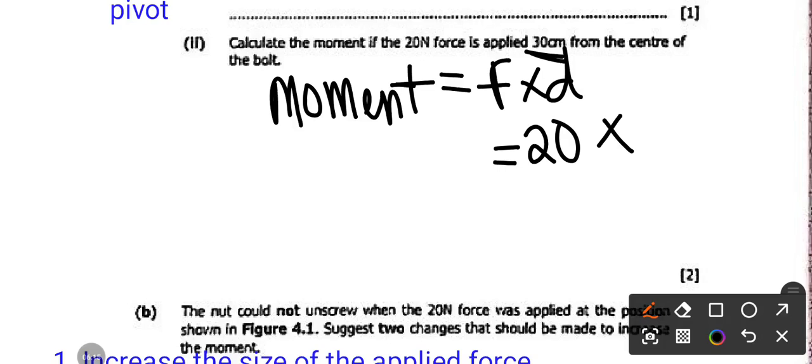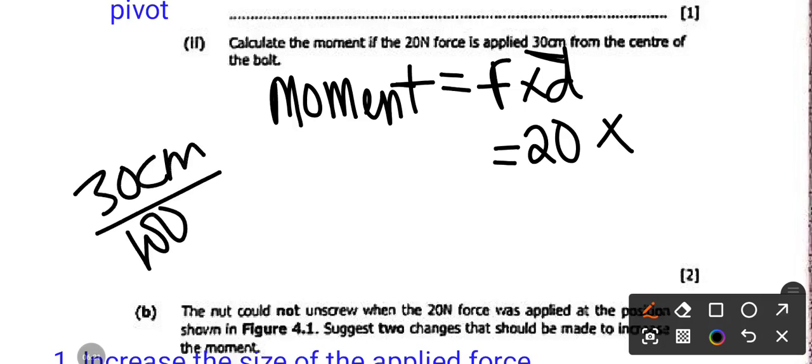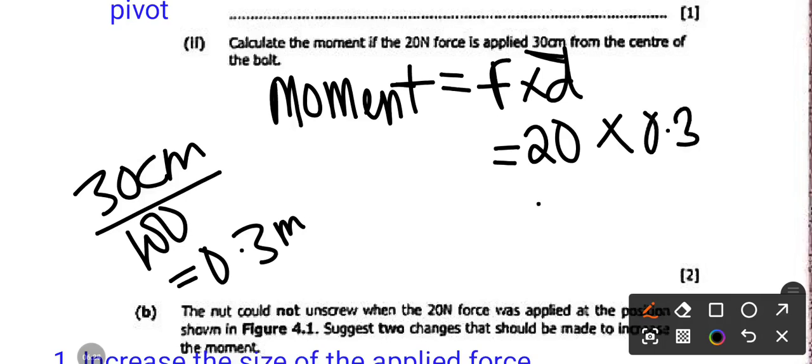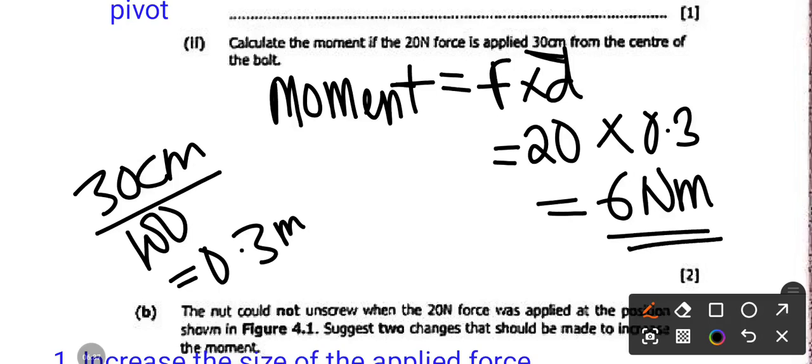So to convert the 30 centimeters to meters, we basically divide it by 100. So this would give me 0.3 meters. So I'll substitute here 0.3. So if I total, I'm getting a value of 6 newton meters as my moment.